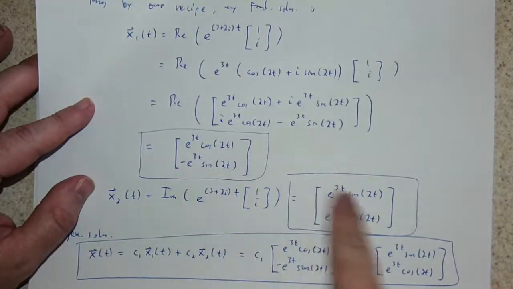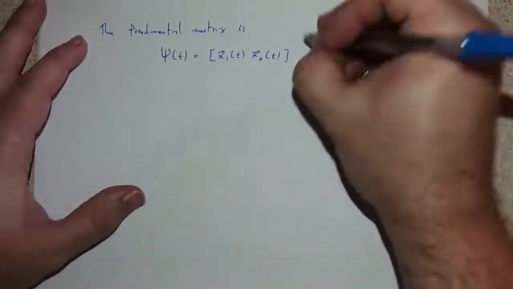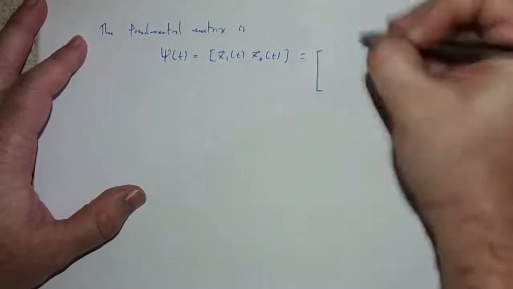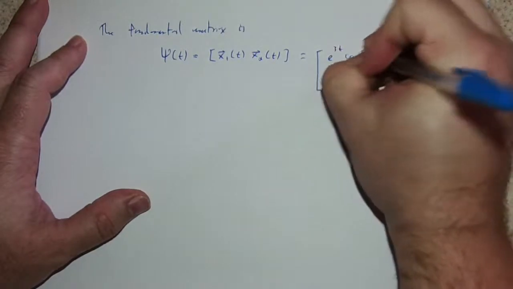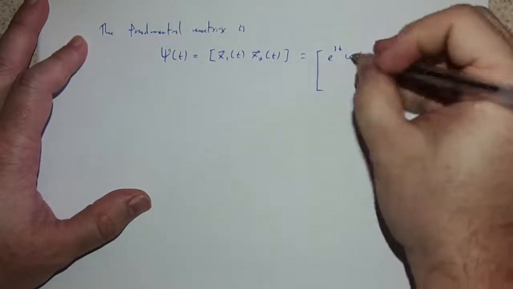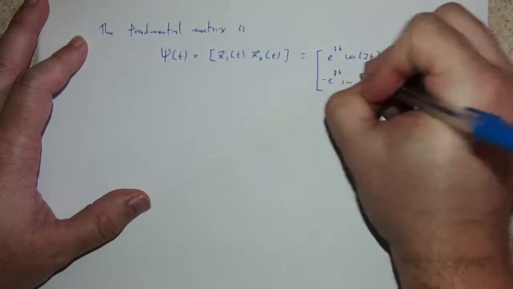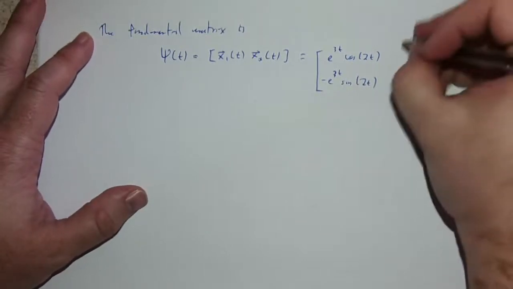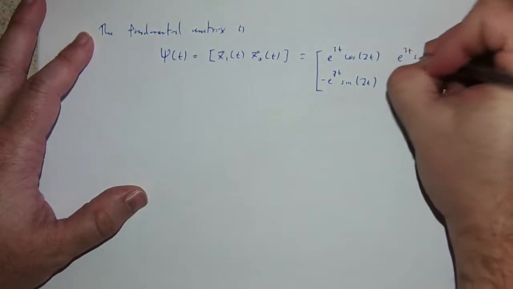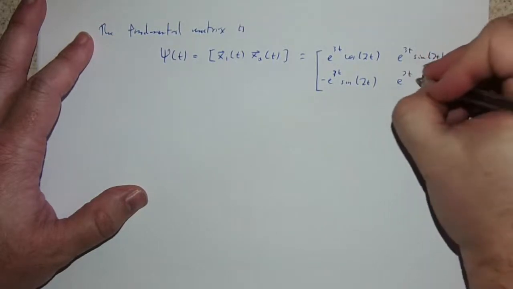So that's the first column, that's the second column. So this is the matrix whose first column is e to the 3t cosine of 2t, minus e to the 3t sine of 2t. The second column is e to the 3t sine of 2t, e to the 3t cosine of 2t.